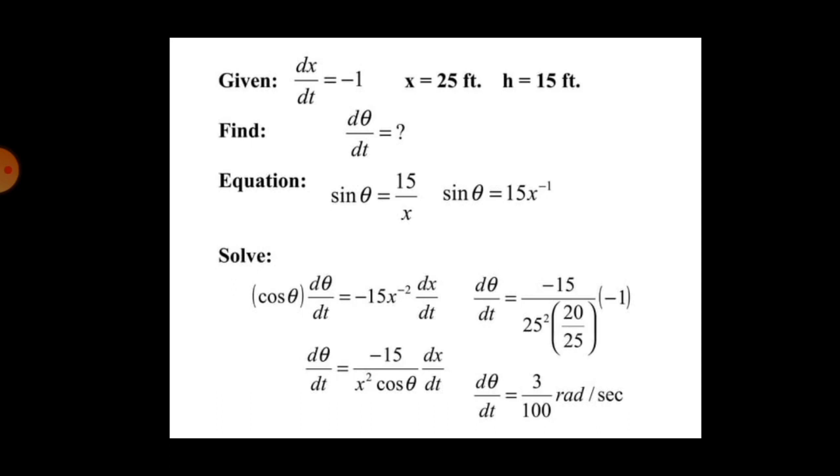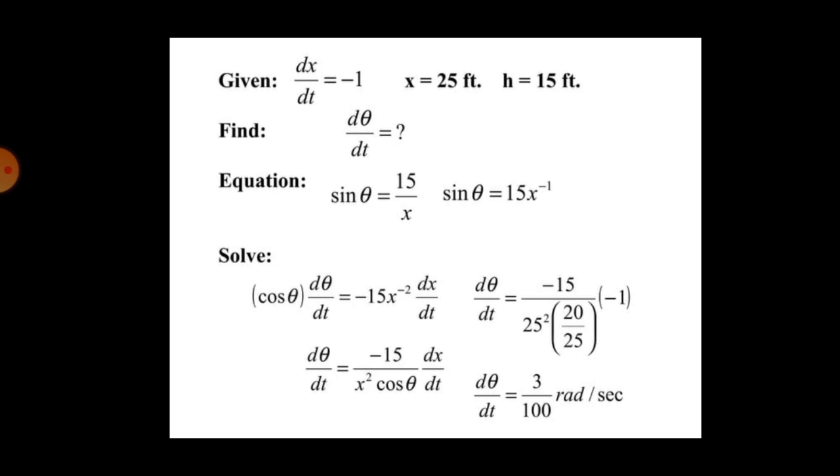Find d theta over dt. Equation: sine theta is equal to 15 over x, so sine theta is equal to 15 x to the power of negative 1. So solve: cos theta times d theta over dt is equal to negative 15 x to the power of negative 2 dx over dt.